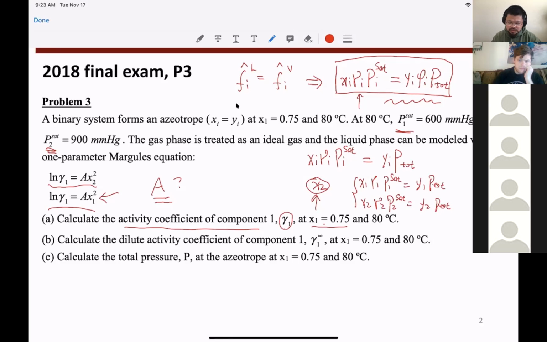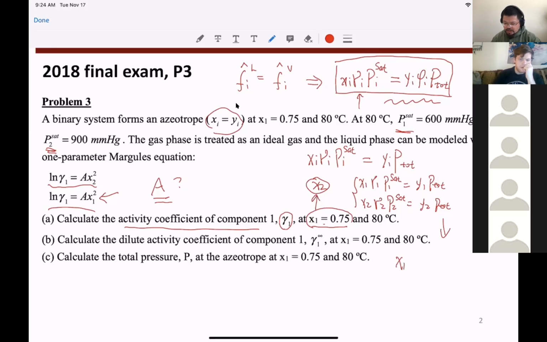Well, actually it's provided, sorry. The problem statement actually provided it, since this is the special point at the azeotrope. But no matter what, if we combine the two equations and we're mostly interested in x1, we can easily get rid of the y values. We will talk about those techniques in a few minutes.